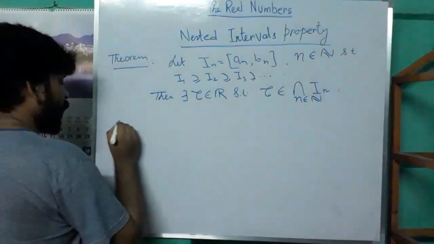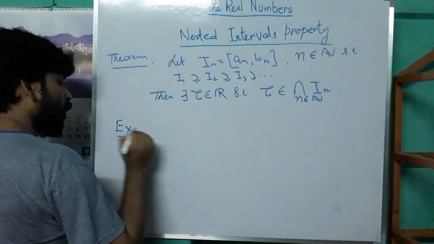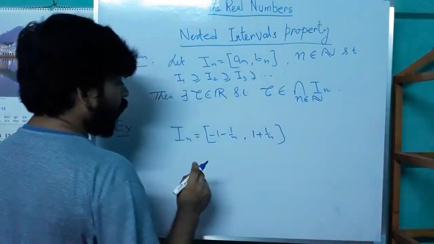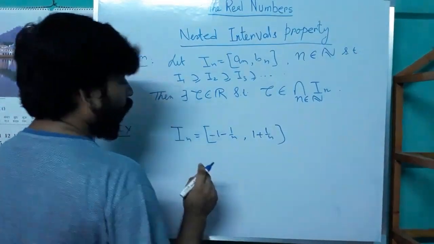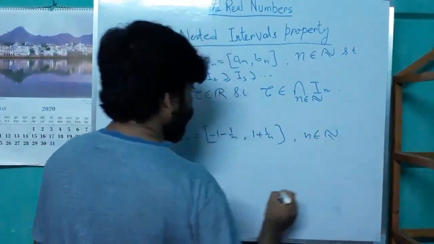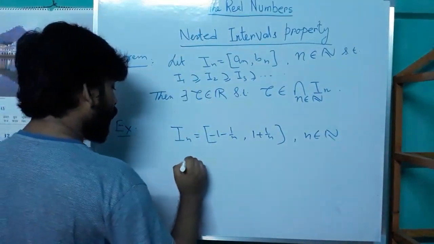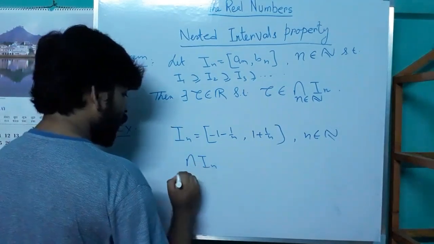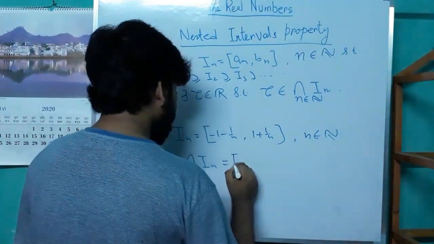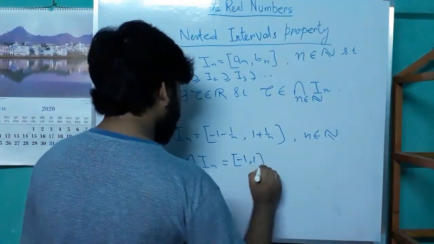Example, let us consider In as closed interval minus 1 by n, comma 1 plus 1 by n. Then it is easy to establish that the intersection is closed interval minus 1 comma 1.